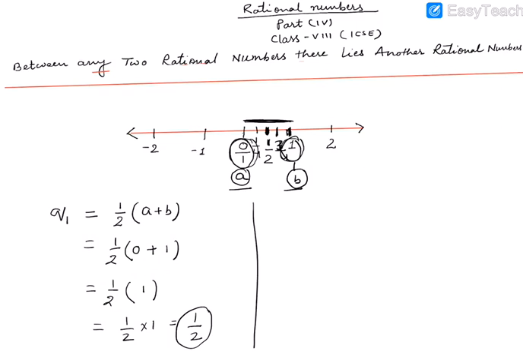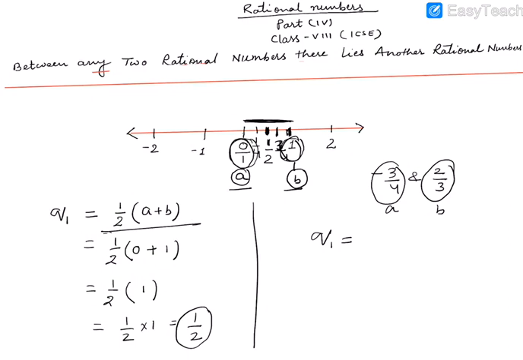We'll take another example. Suppose anybody is asking to find a rational number between -3 upon 4 and 2 by 3. We will consider the first as A and the second rational number as B. In this question you can see that the first rational number is negative and the second rational number is positive. So how to get that rational number?